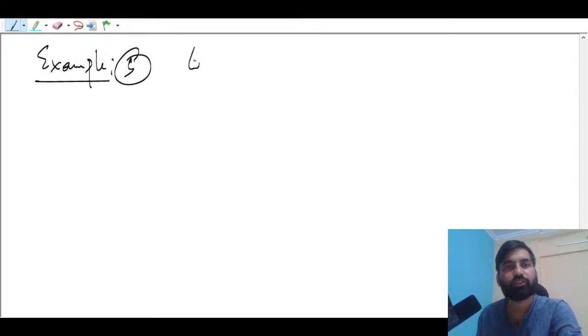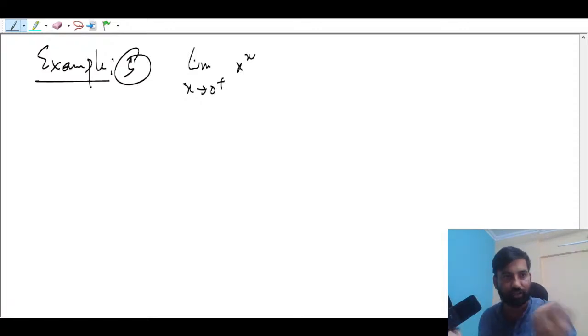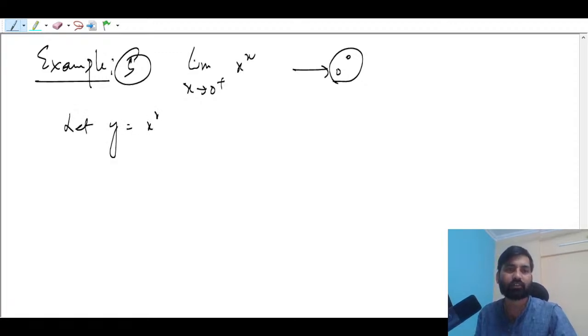So suppose you have to compute limit x tending to 0 plus x to the power x. Okay, so this is nothing but a moving function kind of thing. Now you have to find the limit here, right? So you don't know how to find the limit for this because it is nothing but 0 to the power 0 form, right? So what we can do, we can take log both sides. So here we can let y equal to x to the power x.